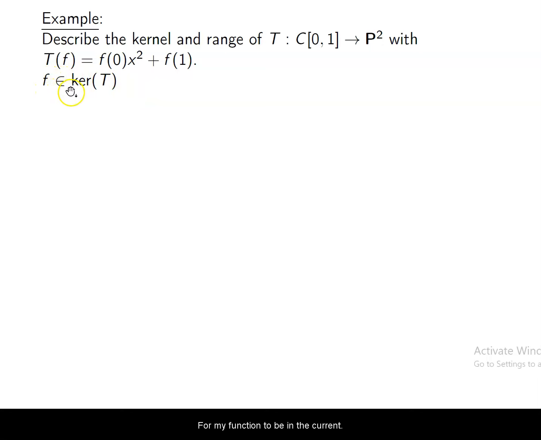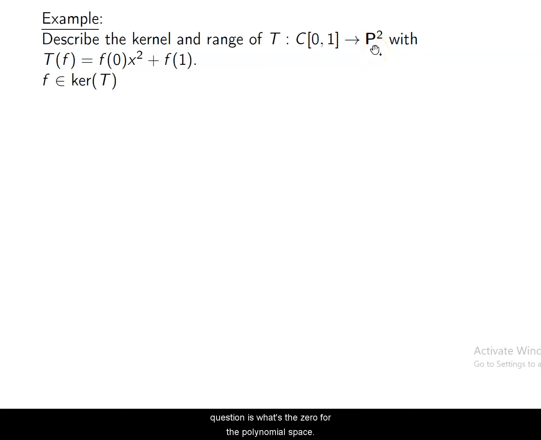For my function to be in the kernel, okay, it's got to be a function, obviously, because that's what is my domain, right? It's the smooth functions, things that are differentiable from 0 to 1, differentiable and continuous. So in order to be a function in the kernel of this transformation, the things from here that undergo this transformation must end up at the 0 of the polynomial space, right?